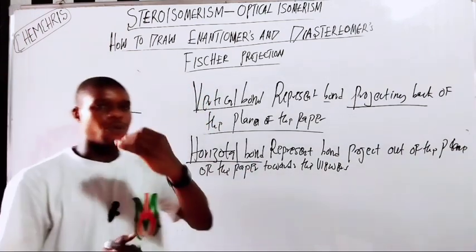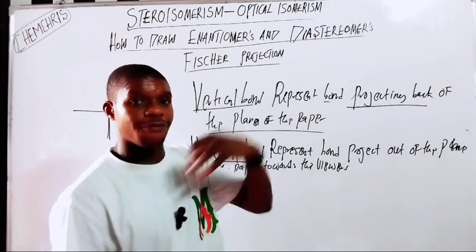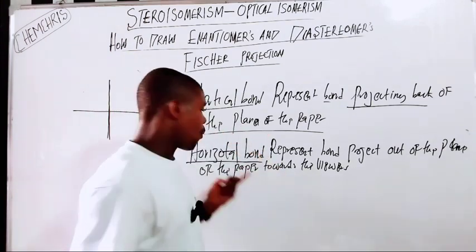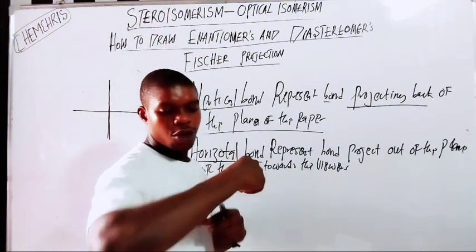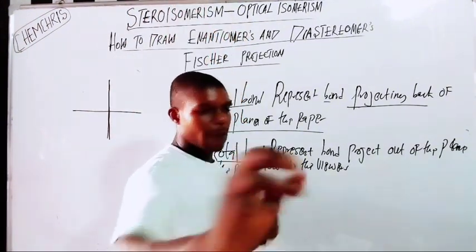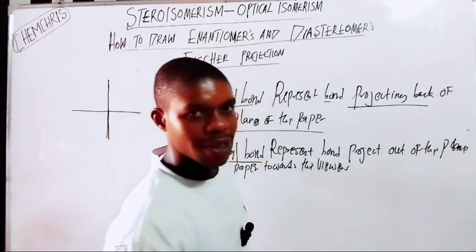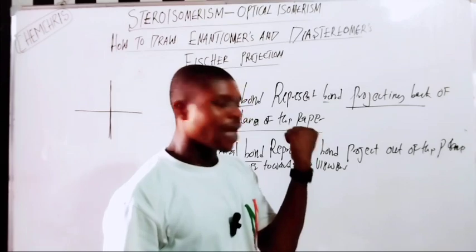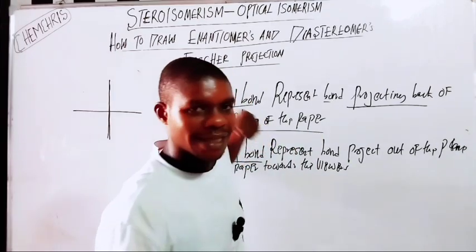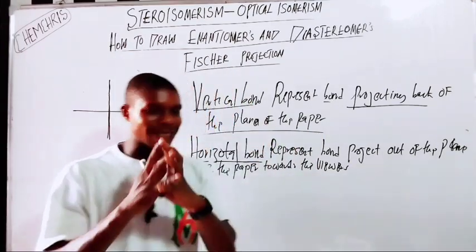The vertical bond represents the bond pointing away from you, back of the plane of paper, while the horizontal bond represents the bond that projects out towards the viewer. So we have the one projecting forward and the one projecting backward. The bond that projects forward represents the horizontal bond, while the one that projects backward represents the vertical bond. You have to understand this.